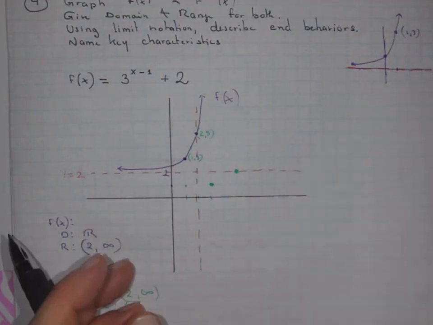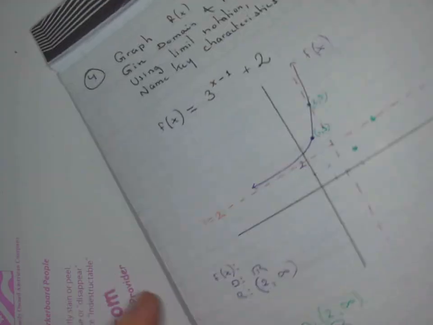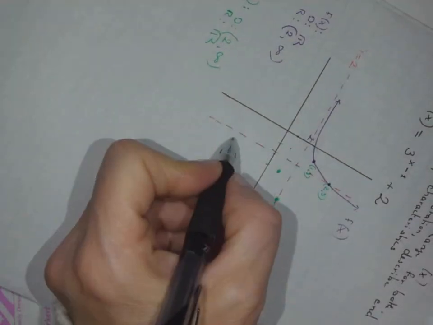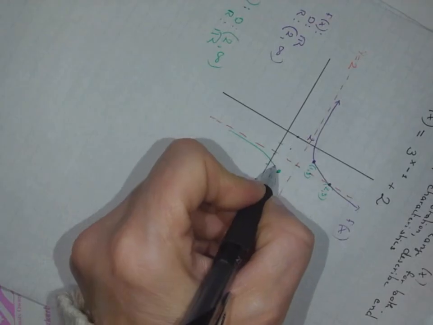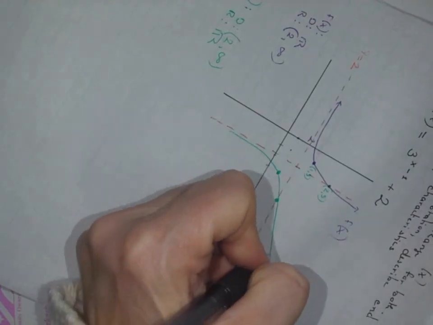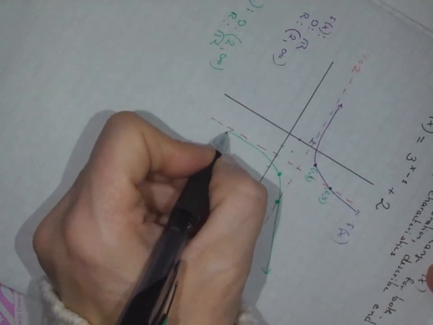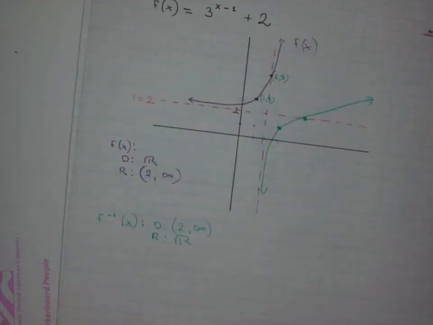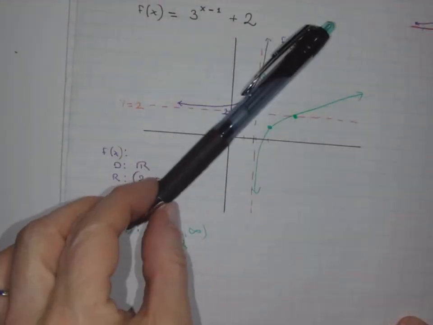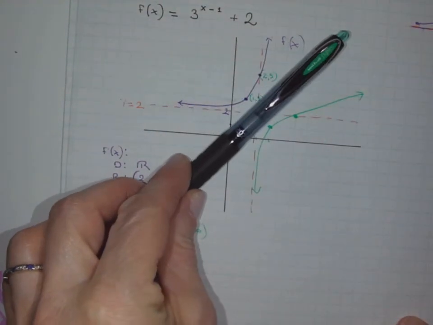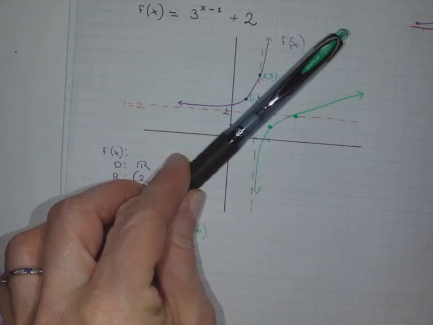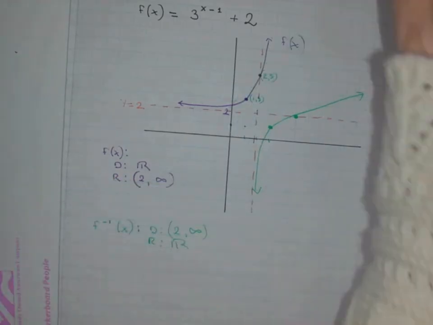Okay, and you're ready to graph that. So let's do it this way. There we go. And if you put your line of symmetry here, the line y equals x, you will see that those two are symmetrical over the line y equals x, right?